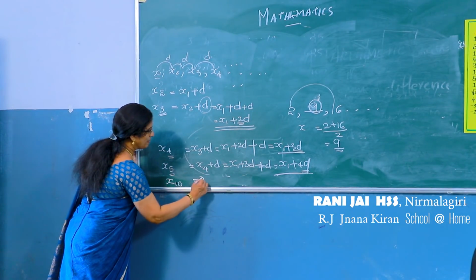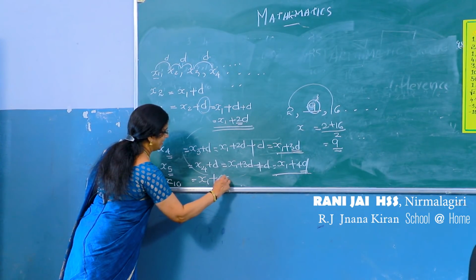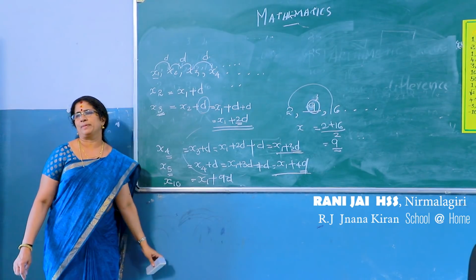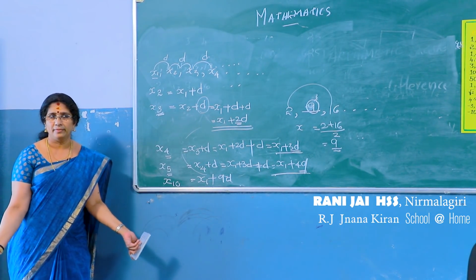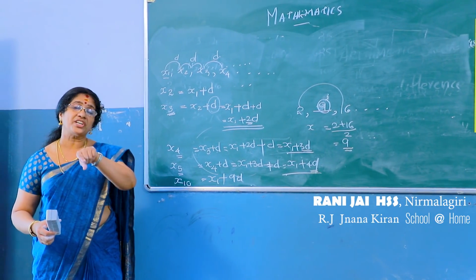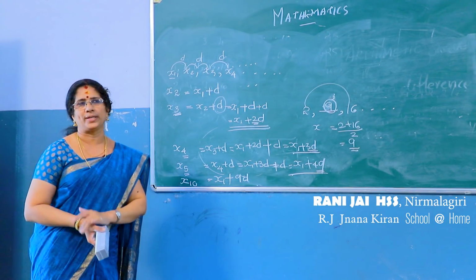It is x1 plus 9d. Very good. So x10 is equal to x1 plus 9d. What is x25? x1 plus 24d. So 24 times the common difference is to be added to x1 to get x25.